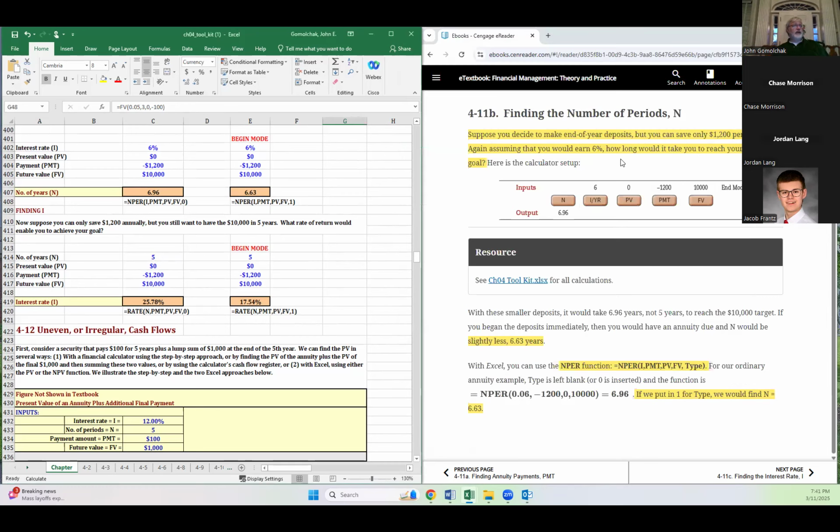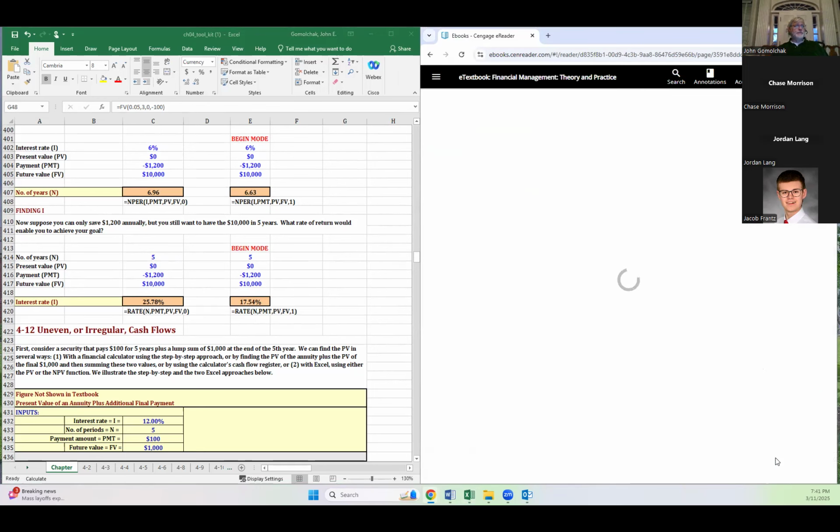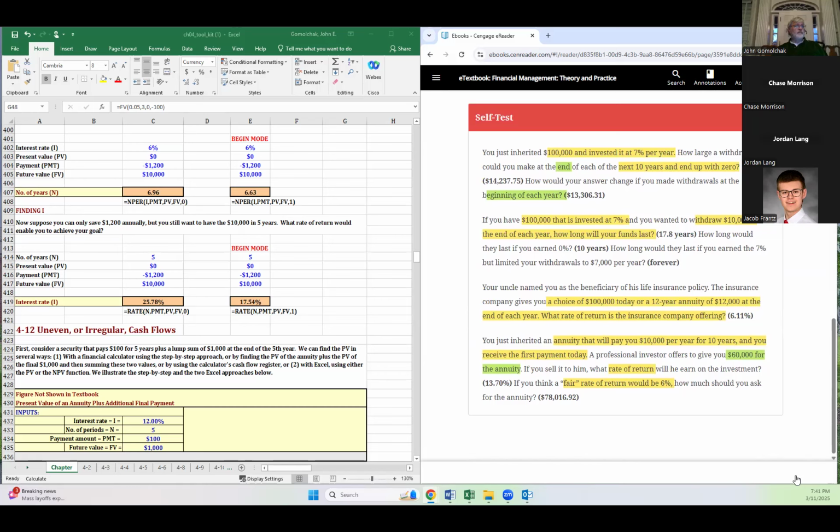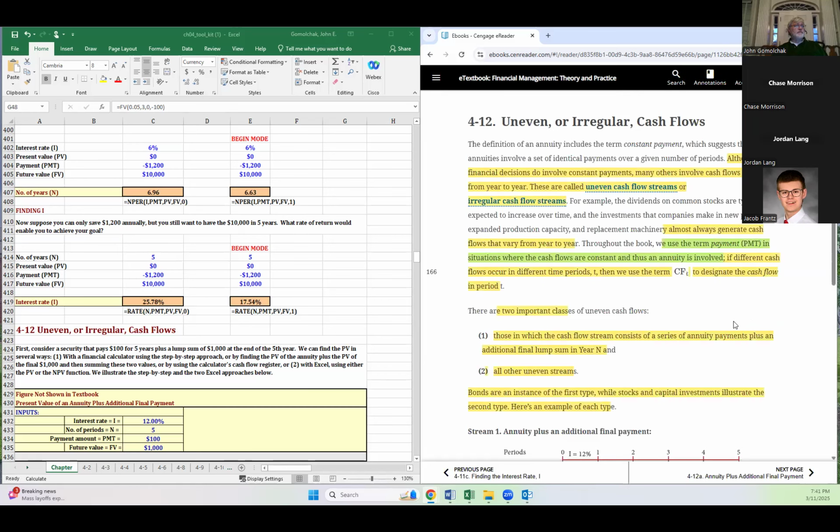Let's get a little more complicated. All right, what happens if we don't have an annuity? We have an uneven or irregular cash flow.